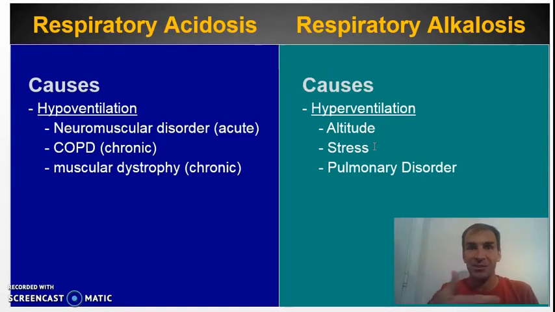We're getting rid of CO2, and if you get rid of a lot of CO2, you're buffering a lot of hydrogen ions, decreasing hydrogen ion concentration, and you produce an alkalosis. So you can see there's a continual balance between acidosis and alkalosis, and at any given time, we fall somewhere in the acidic or basic range when it comes to blood pH.